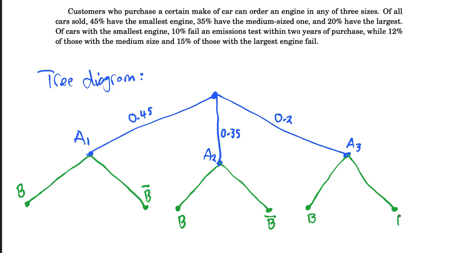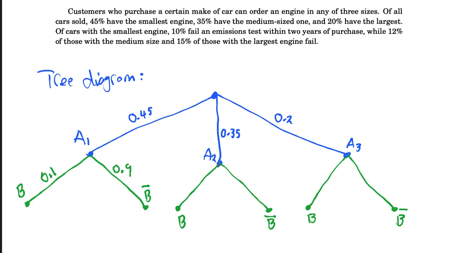So fail, not fail. And now we can label the green branches with the necessary percentages. Small engine vehicles fail at a 10% rate, so 0.1. The complement of that goes on this branch, and that's your 0.9.